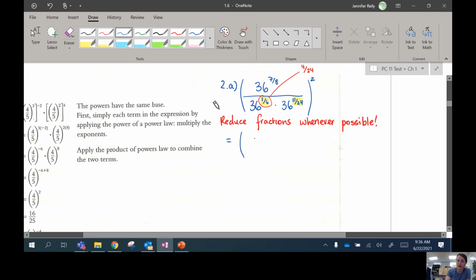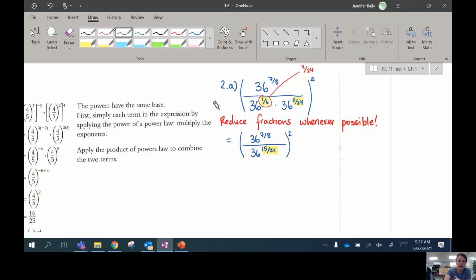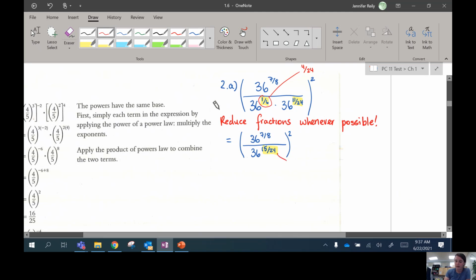So 4/24 plus 11/24, that would make 15/24. Now here's where I can use my little tip. 15/24, we can reduce that, and we should. If we don't do it, then it's going to make everything harder. So 15/24 reduces if you divide by 3. Divide by 3, we get 5/8.